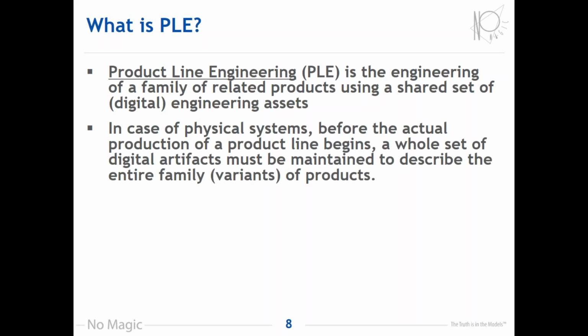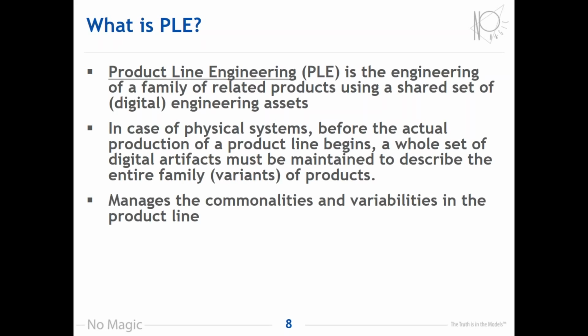Before actually producing a coffee machine, you have to design it. And you end up with various digital artifacts, for example, requirement specification, system models, documentation, and so on. And you have to manage all of those artifacts. So PLE focuses on managing commonalities and variabilities in the product line.